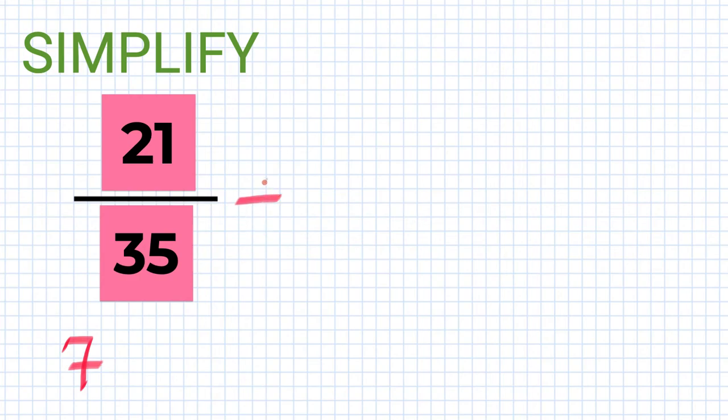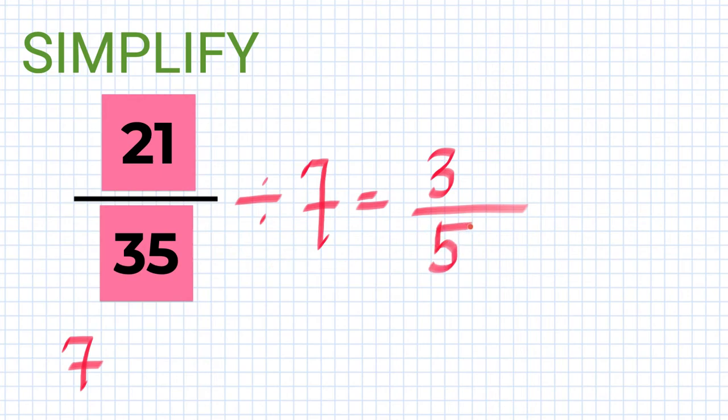Now let's try to divide. 21 divided by 7 is 3, of course. Now, 35 divided by 7 is what? 5. Okay, that's great. So therefore, 3 over 5 is the simplified form of 21 over 35.